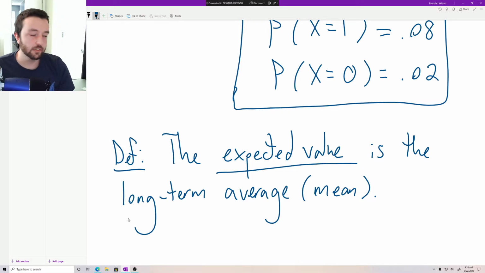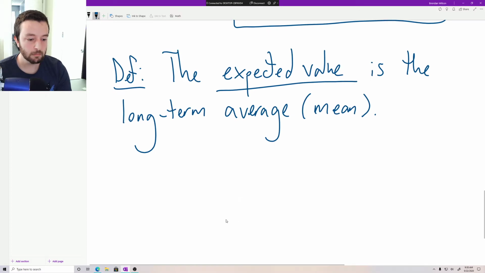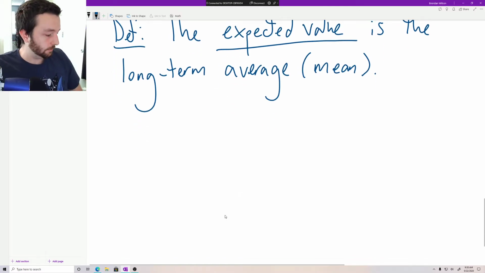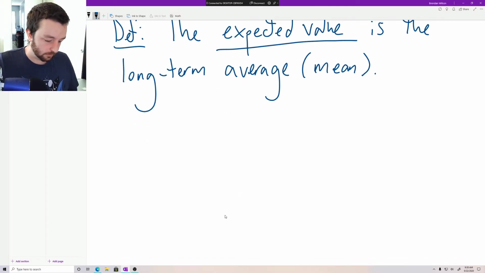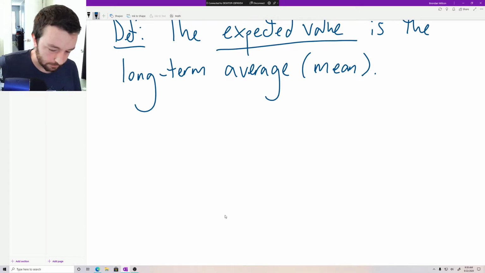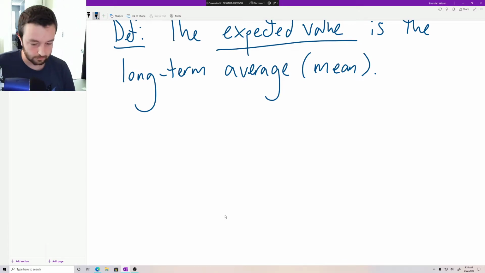So this means that over a long term, if we kept doing the experiment over and over again, this is the number that we would expect, okay? So, let's look at how we would calculate this.